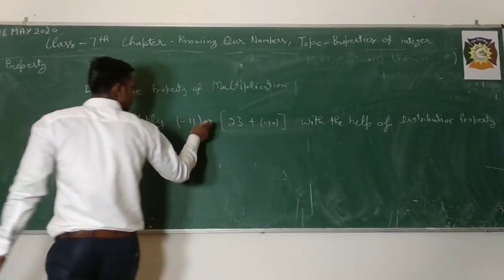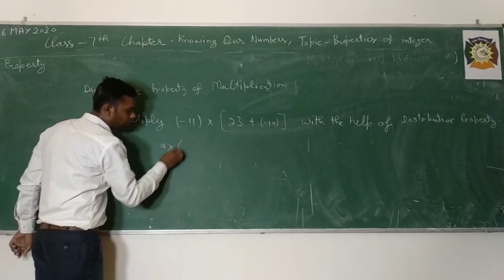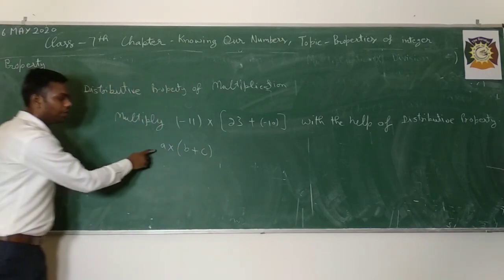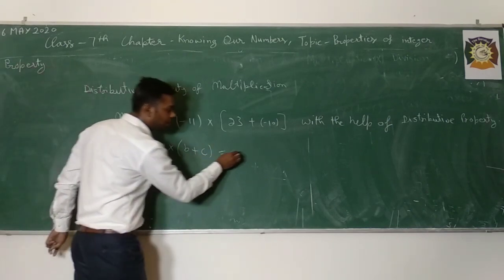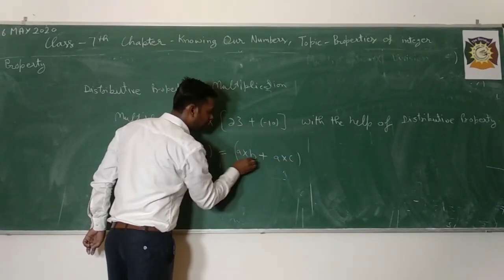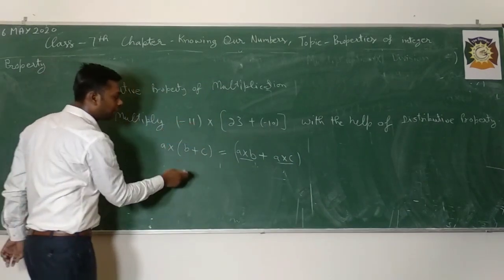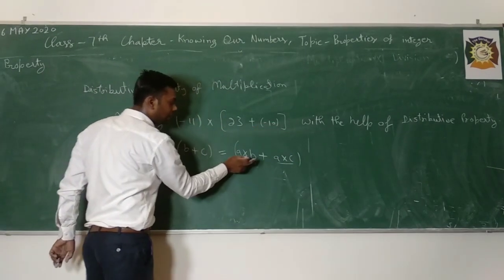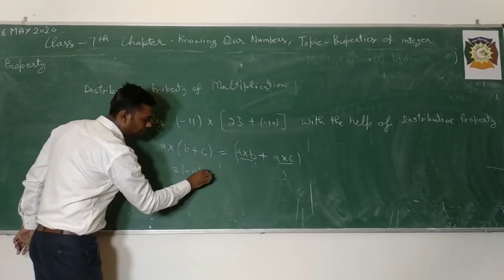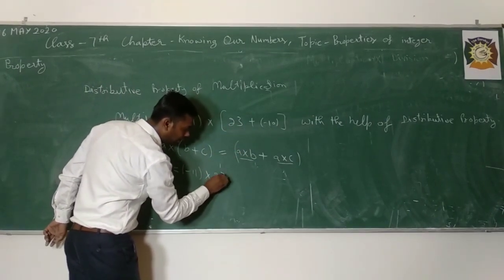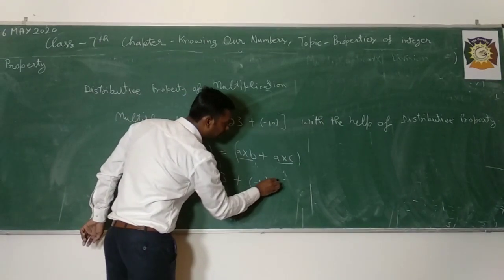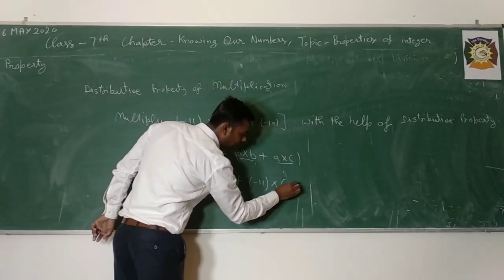Let's try. This looks like a multiply b plus c, a into b plus c. That will open as a into b plus a into c. Compare this: a equal to minus 11, b equal to 23 and c equal to minus 10. Put a equal to minus 11, multiply it with b equal to 23, plus a equal to minus 11 multiply it with c equal to minus 10.